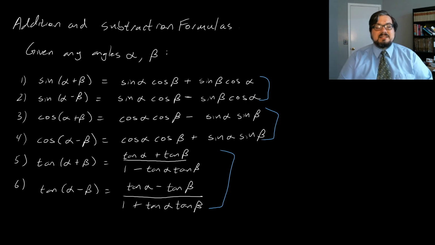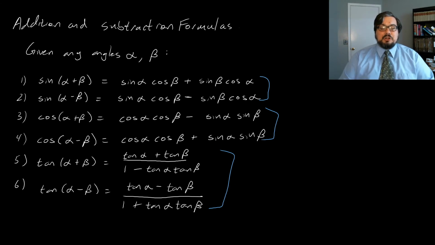So for both of the sine formulas, we have sine alpha, cosine beta, and then sine beta times cosine alpha, and the only difference in the formulas is whether we put an addition in between them or a subtraction. Similarly for cosine, we have the same two terms, cosine alpha, cosine beta, sine alpha, sine beta, and the only difference is whether we subtract or add between them.